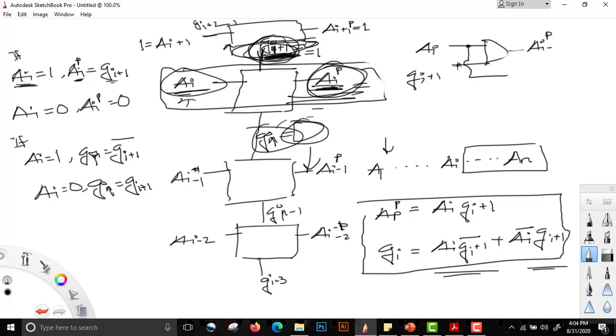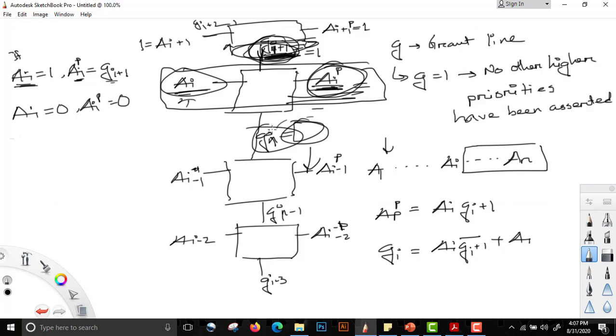So if they are passed through an XOR gate, then we'll find GI here. So this is the block that will be operational here. This is how we can make an n-bit bus arbitrary logic.